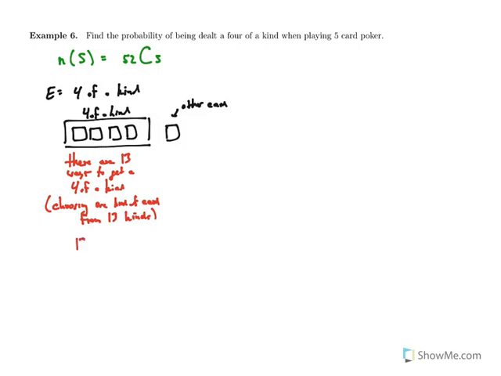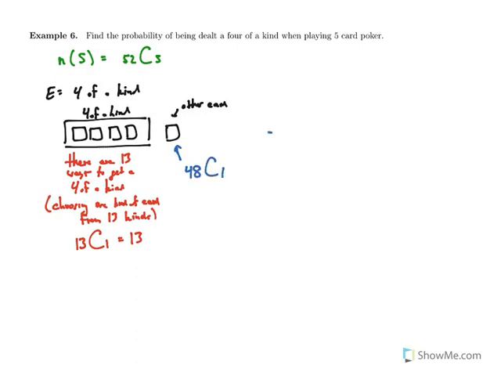That is 13 choose one, which is 13. Is it the 4 of a kind of aces, 2s, 3s, 4s, all the way to jacks, queens, and kings? There's 13 different kinds. Just like the other one, the other card, there are 48 other cards, and we're going to choose one of them.